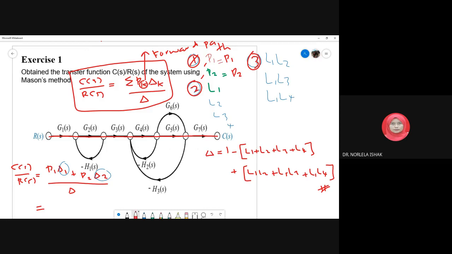So we eliminate, or we delete, the loop gain touching forward number 1. Where is our forward number 1? This is the determinant, we want to find delta 1, cofactor 1. So you have to refer to P1, forward number 1 just now. This is your forward number 1.